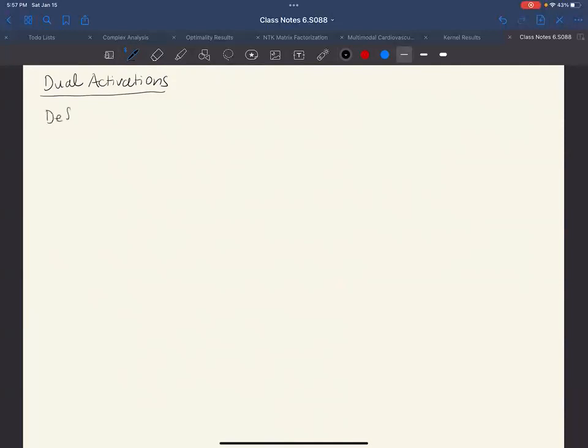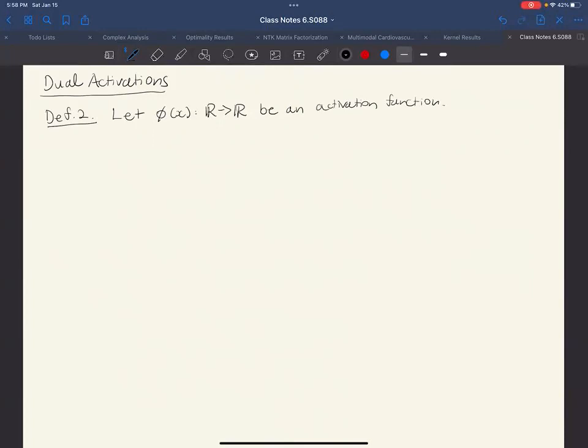So we'll start off with a definition of what is a dual activation. I'm just going to let phi of x from R to R be an activation function. Okay?